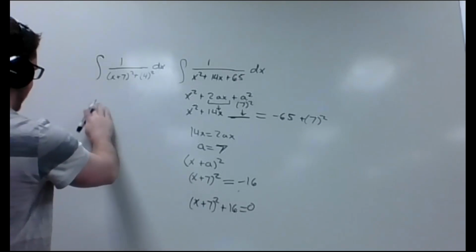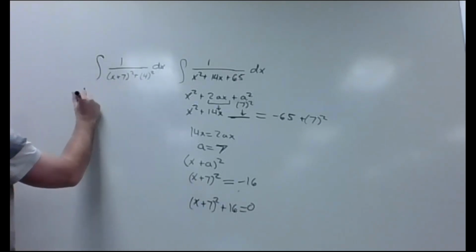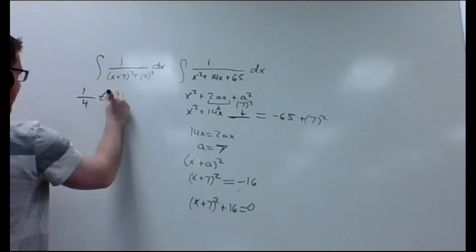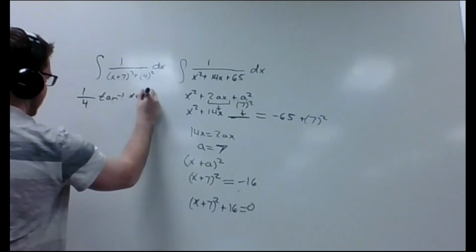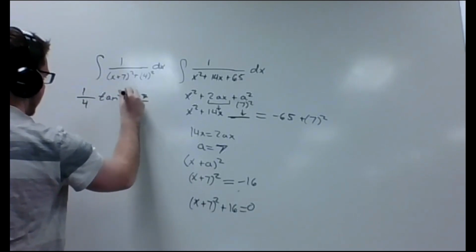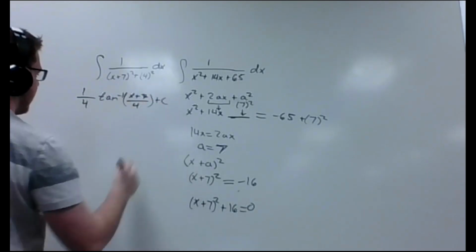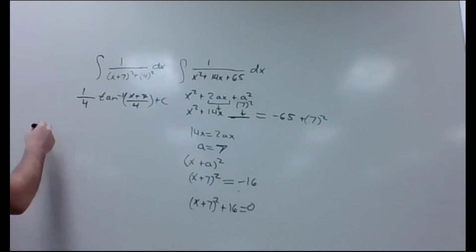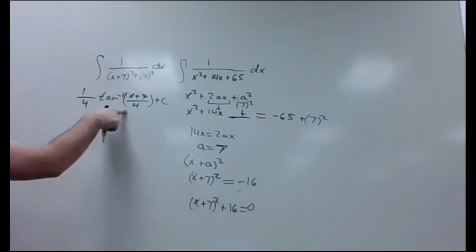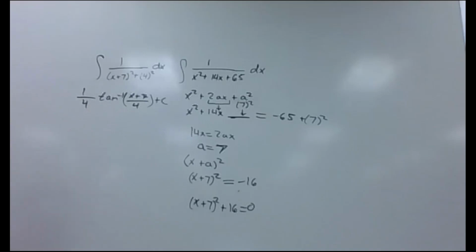I can remember what to do with them, but essentially it's going to be 1 over 4 inverse tangent of x plus 7 over 4 plus c. So does it make sense? Yeah. All right.